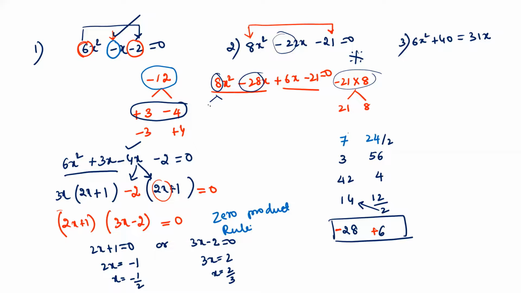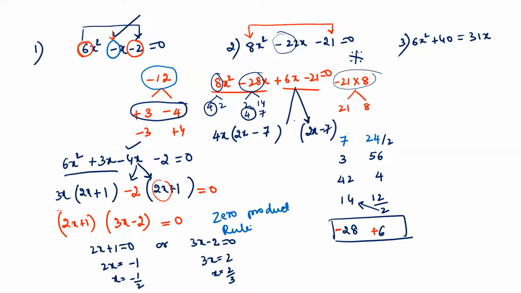You have to look for the factors: 4 twos are 8, 2 fourteens are 28, even 4 sevens are 28. What is common between both? 4, ma'am. So you will take 4x common. Then we are left with 2x, and minus 7. We will write 2x minus 7 here.